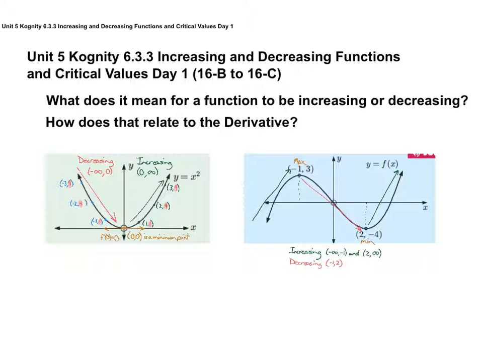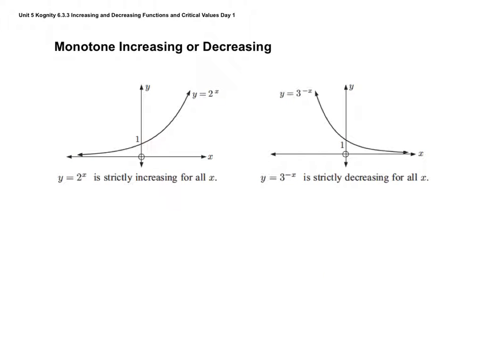All right, so one other term that the IB doesn't make a big deal of, but I do want to point out, is this idea of monotone increasing or decreasing. Now, the word monotone, mono means one, and tone is the sound, right? So if someone is talking monotonely, they're not using any kind of inflection in their voice.